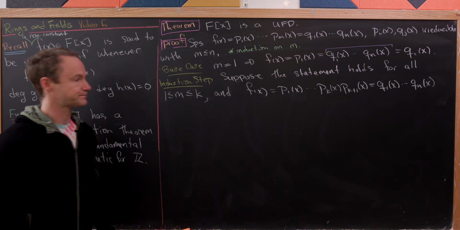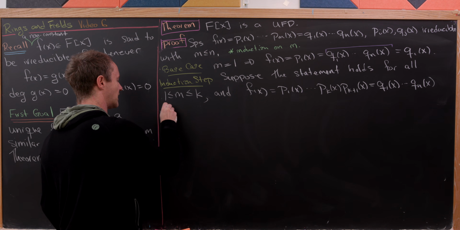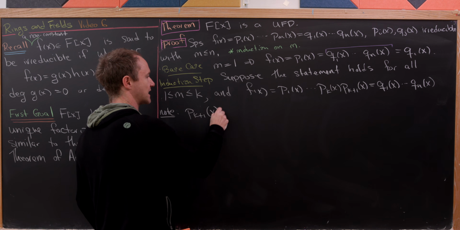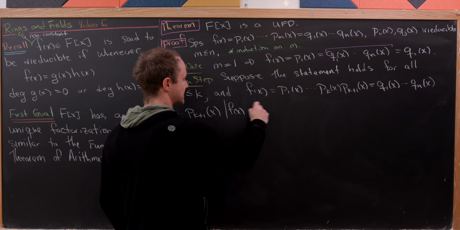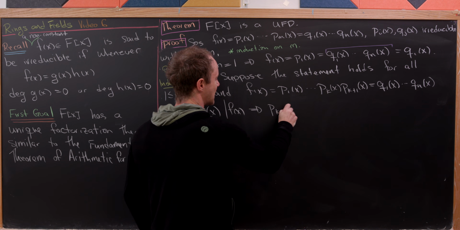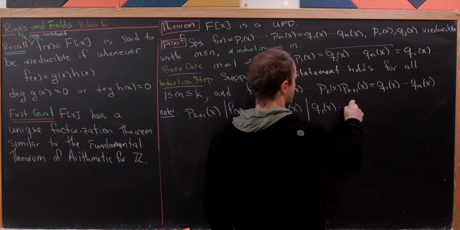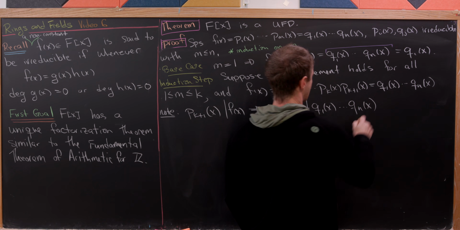Okay, cool. But now let's note the following, and that is that pk plus 1 of x divides f of x, but that means that pk plus 1 of x divides this product q1 of x all the way up to qn of x.